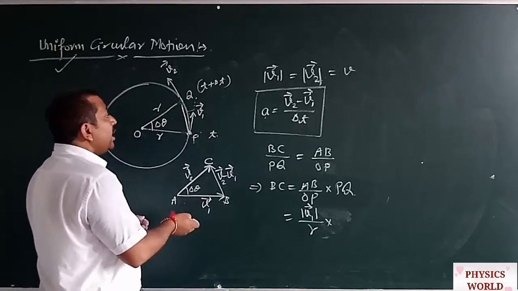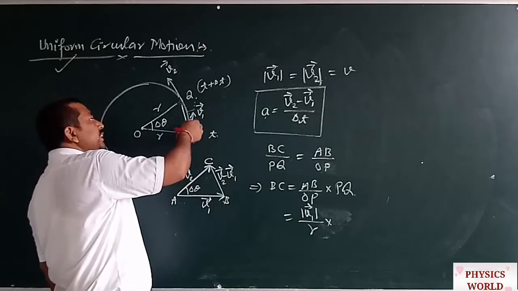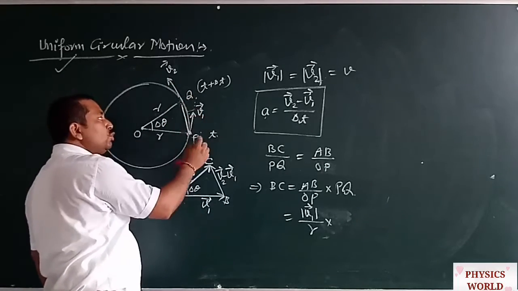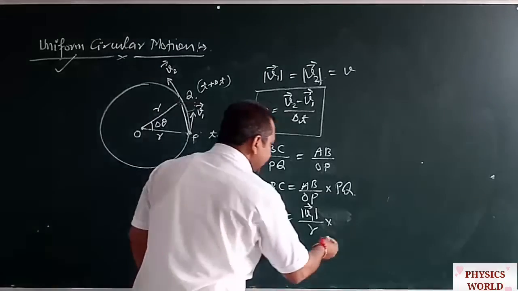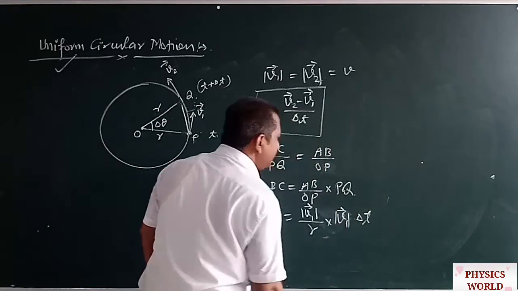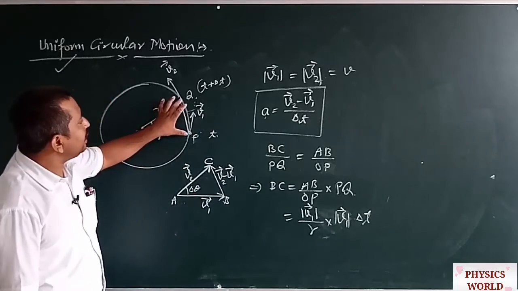If the magnitude of the speed is v, then in time delta t, the value of PQ becomes v delta t, or v1 delta t. This is the value of PQ, because it is the distance traveled by the object.